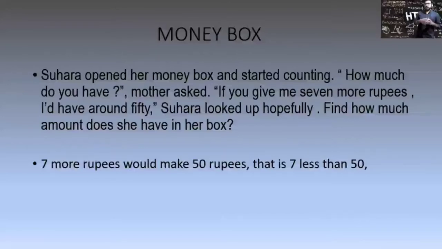That is, at present, how much money does she have in her box? 50 is the final answer. So the money that she has in her box will be 7 less than 50. So we can write, what will be the answer? Yes, that's right. Very good. That is 50 minus 7, which is equal to 43.